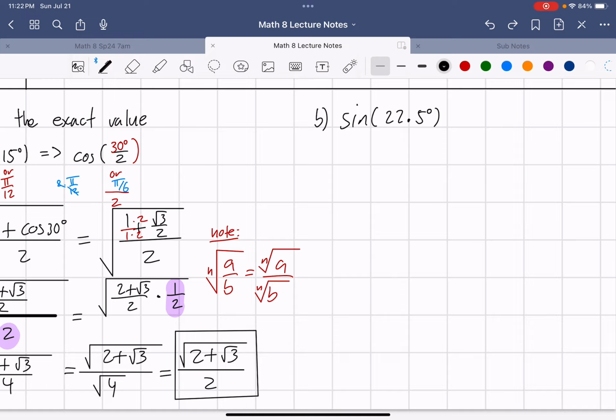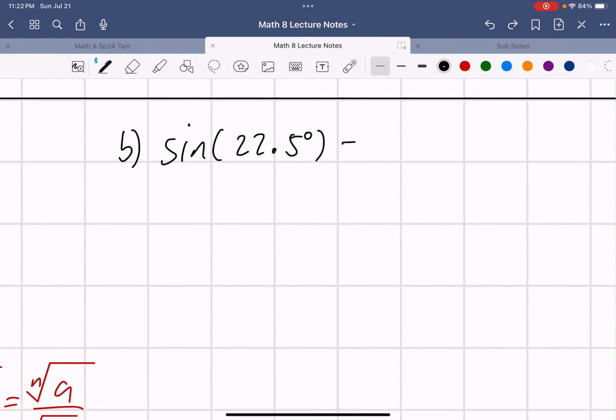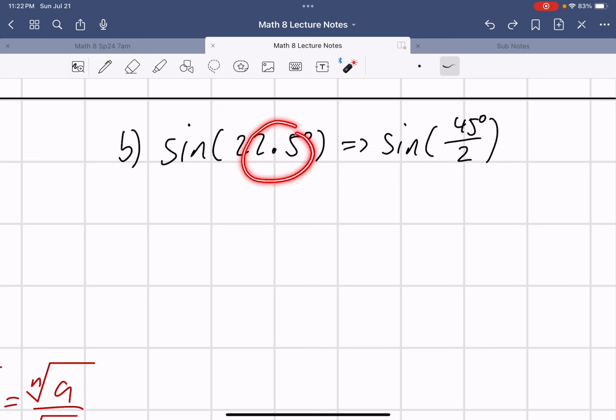And the same trick. I rewrite this as sine of 45 degrees divided by 2. So that's still 22.5. And now, luckily, I know 22.5 is still in quadrant 1, which sine is positive.